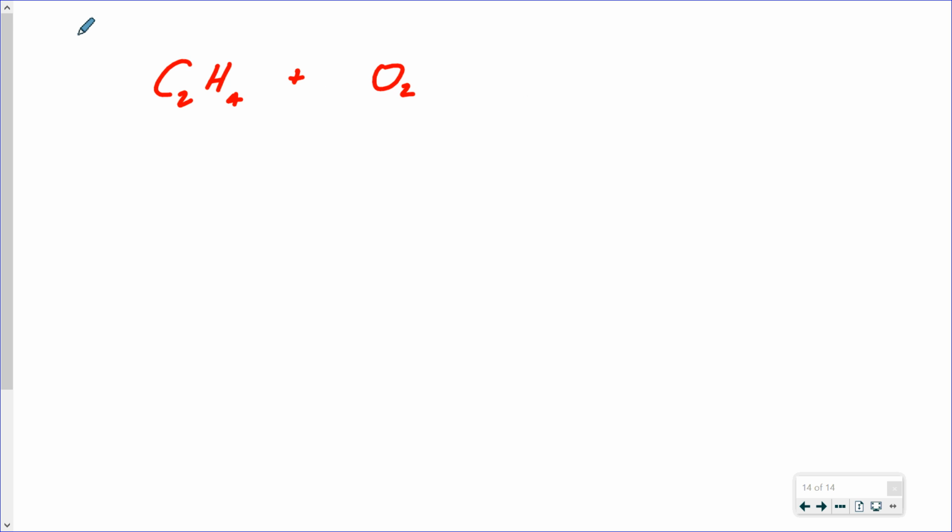So if you do have a hydrocarbon combustion, this is carbon and hydrogen, it's always going to be oxygen, that has to be the other reactant, and it's always going to be CO2 and water that are produced.